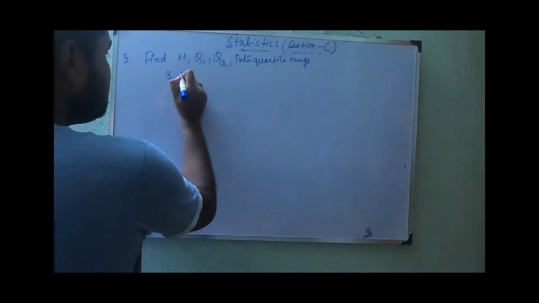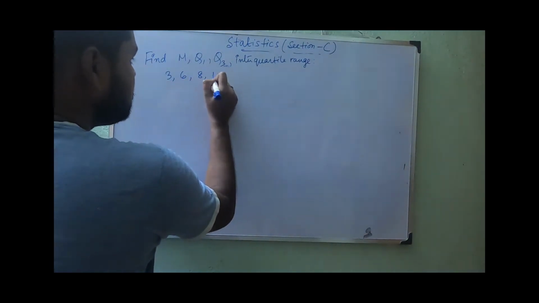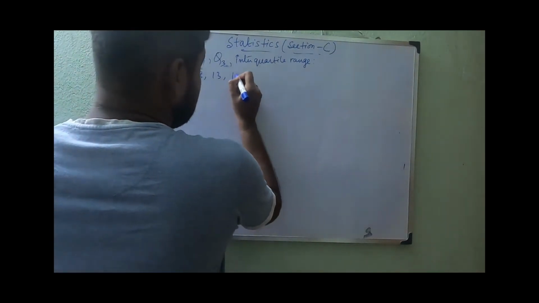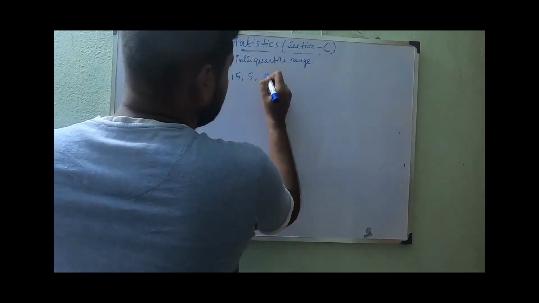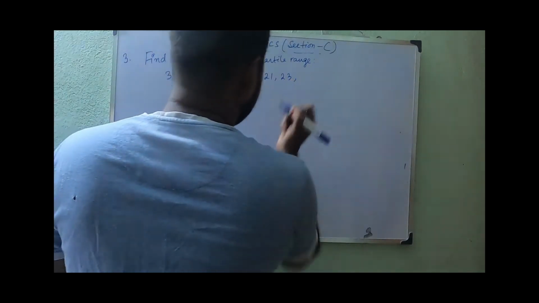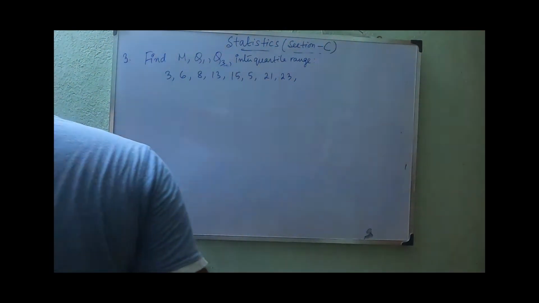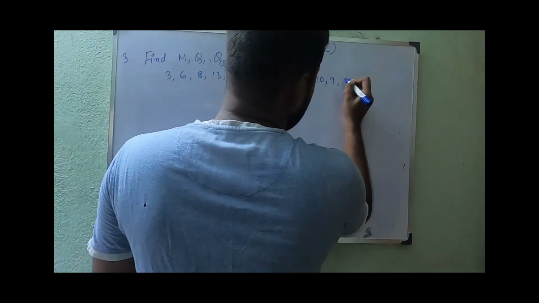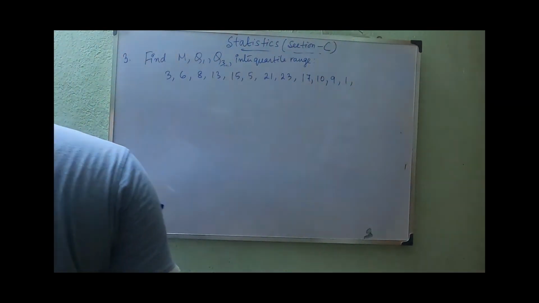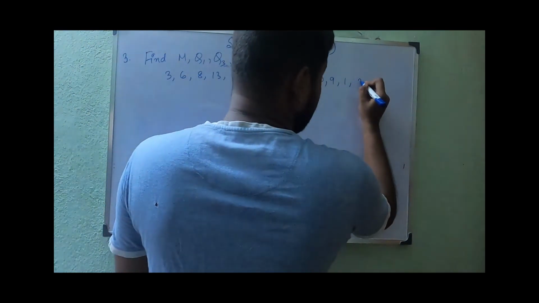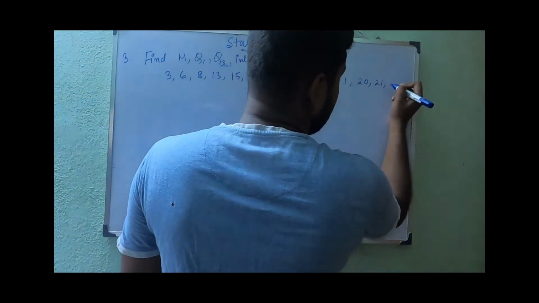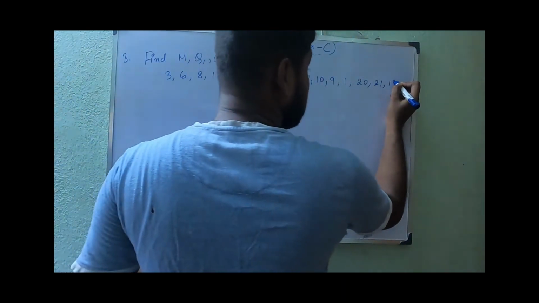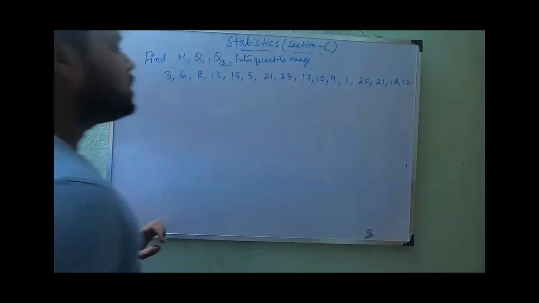It is given 3, 6, 8, 13, 15, 5, 21, 23, 17, 10, 9, 1. So these are the data given.